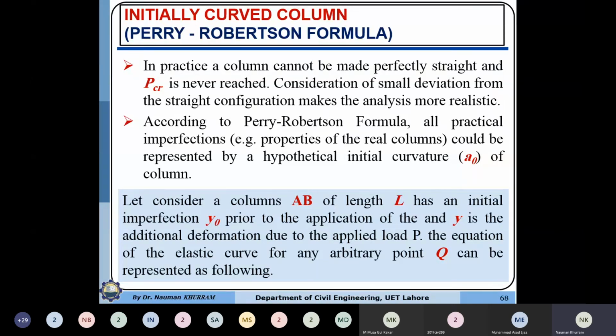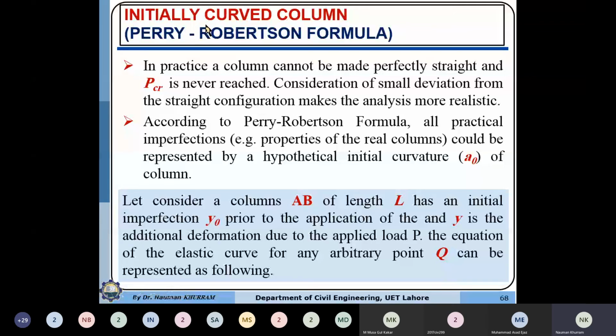So how can we determine the critical load or the buckling or yielding load of that column? We have to derive the expression in the same way as we derived the secant formula and the Euler critical buckling load formula. This formula is also referred to as the Perry-Robertson formula.